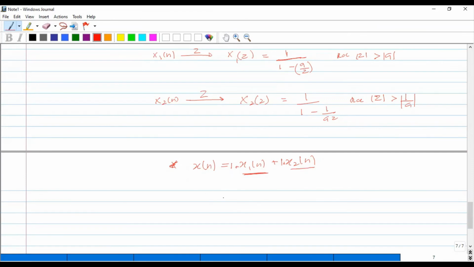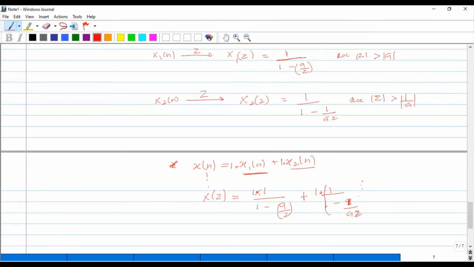Using the linearity property, if we get the z transform of this signal, X(z) will be equal to the z transform of x1, that is 1 over 1 minus a z, weighted by 1, plus the z transform of x2[n], that is X2(z), 1 over 1 minus 1 by az, also weighted by 1.